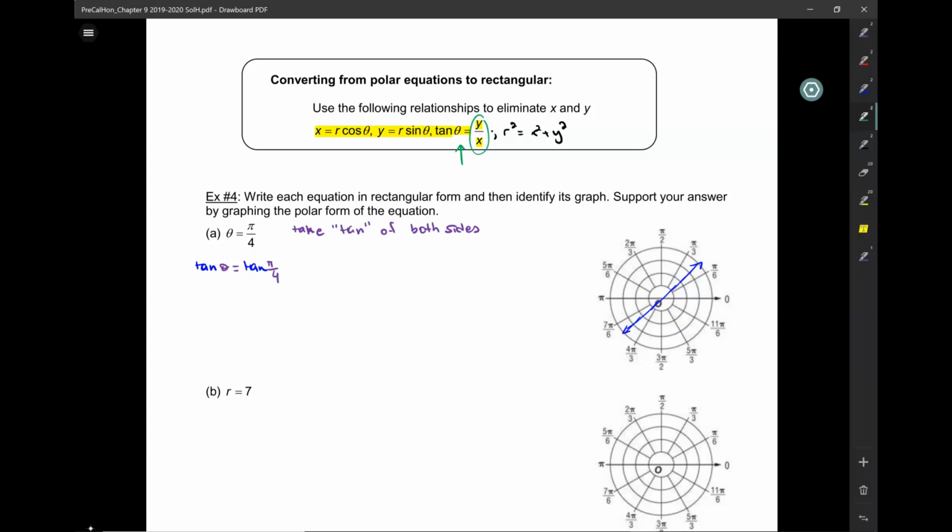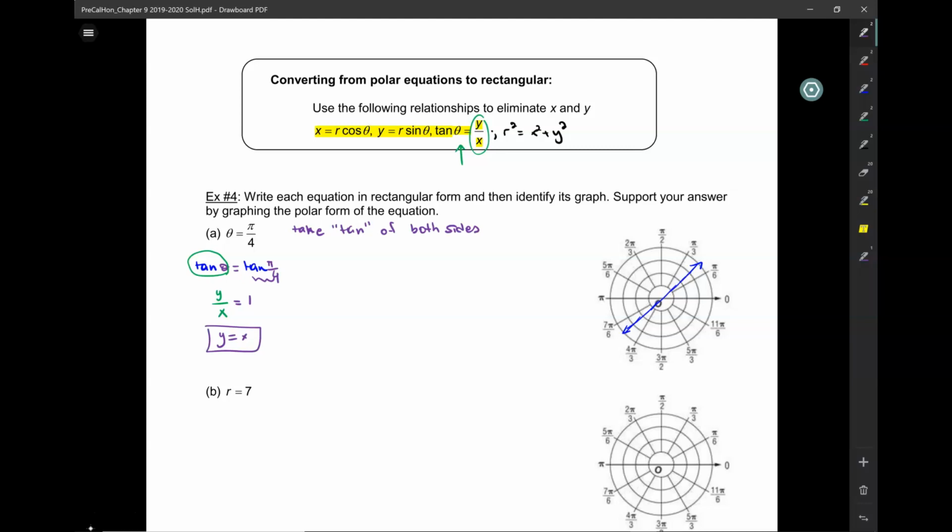So once I have the form tangent of theta, I take this out and in its place I put in y over x, because the two quantities, tangent of theta and y over x, are equal to each other. What's tangent of pi over 4? 1. And so now if I solve for y, I get y equals x as the equation for that line.